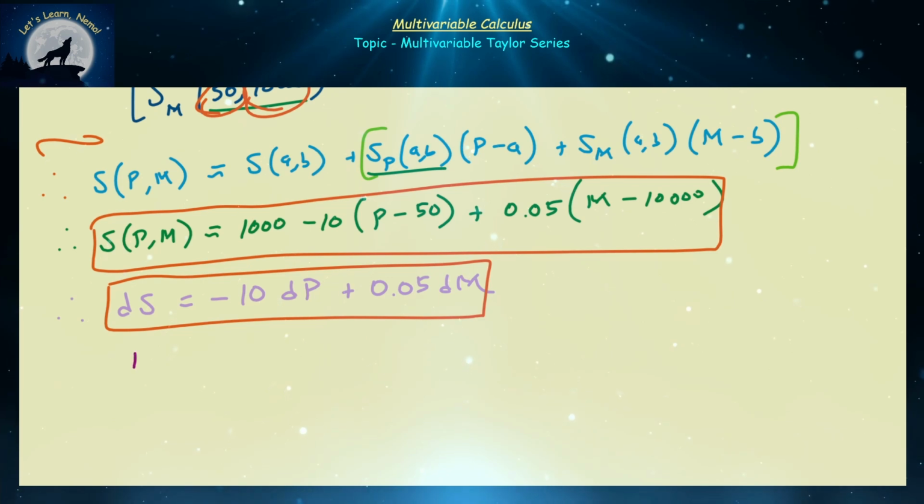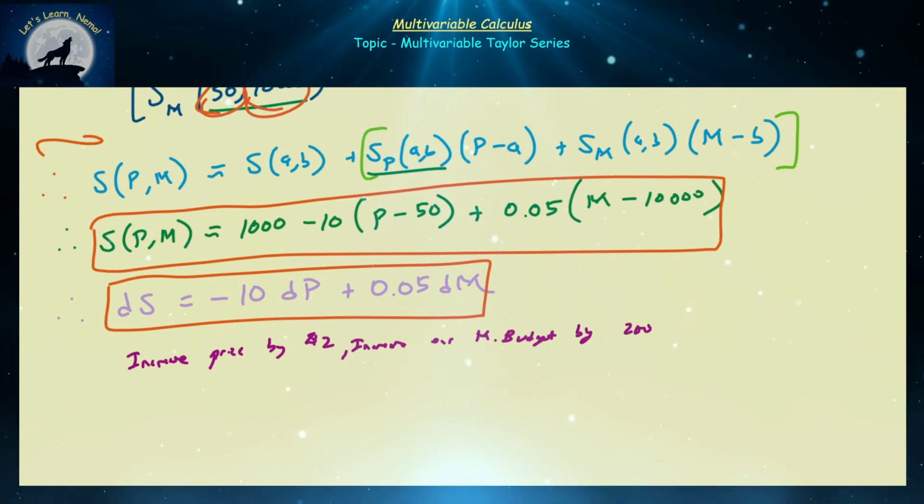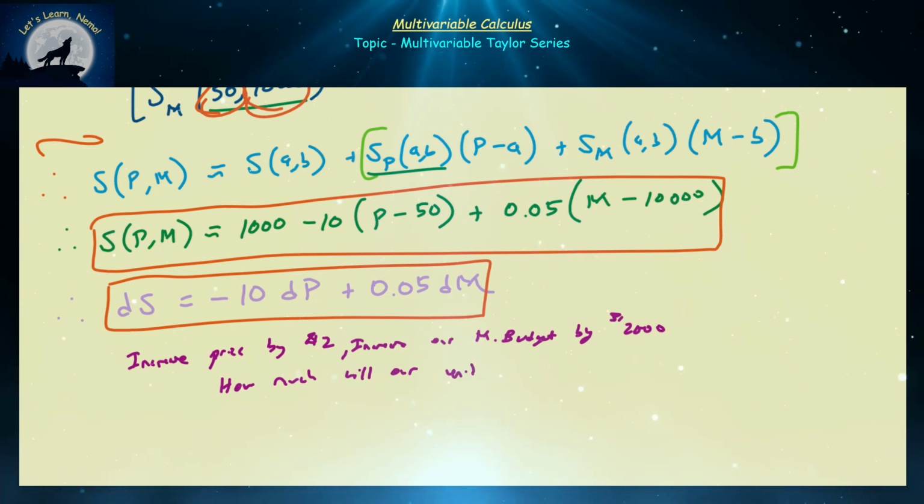So if we increase our price by, let's say, $2, and also increase our marketing budget by, I don't know, let's say $2,000, how much will our units increase or decrease?